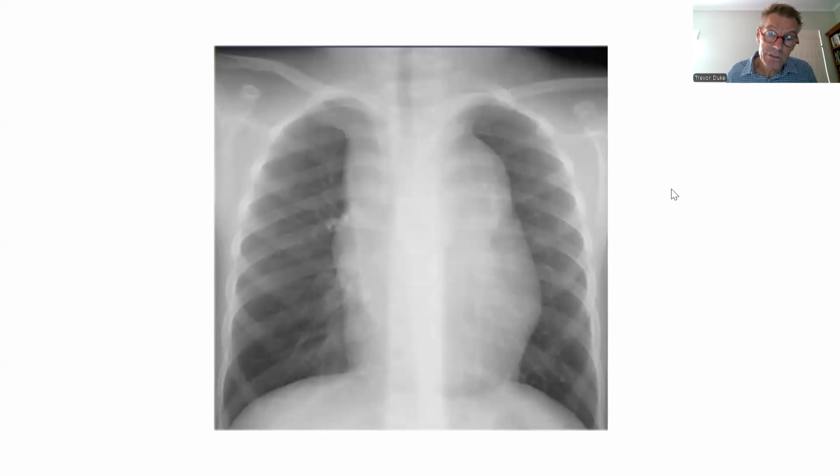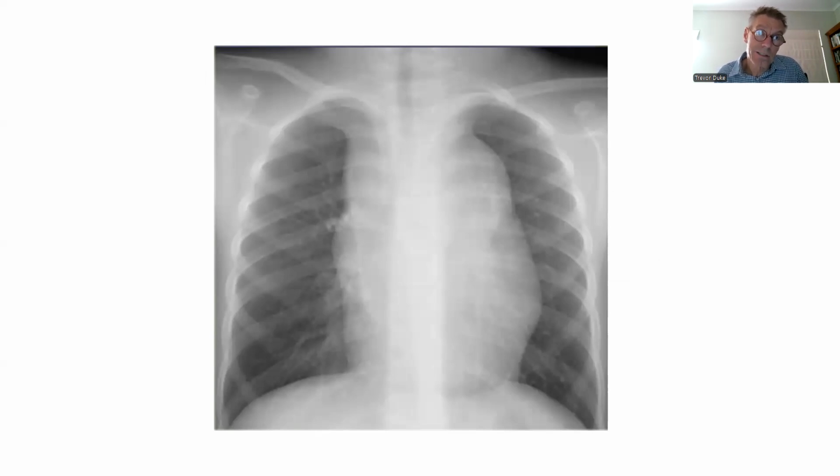This is a T cell ALL, T cell lymphoma with acute lymphoblastic leukemia, the combination of the two, that occurred in a boy who was around about 10, and he'd had 3 weeks of respiratory distress and wheeze. He'd been treated by a doctor for wheeze with salbutamol, with Ventolin, and it wasn't getting better.